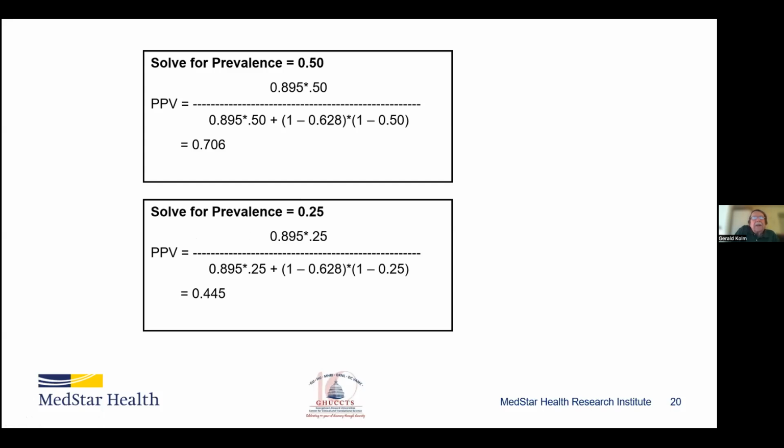So the point that I make here is that in terms of Bayes' theorem, once we know the sensitivity and specificity of a diagnostic test, then we can calculate the predictive values given any particular prevalence that we might find or might estimate in a population. But the idea is that sensitivity and specificity always remain the same regardless of what population you apply it to.